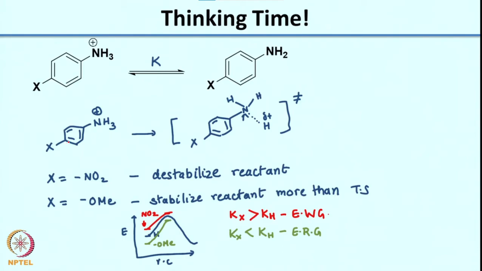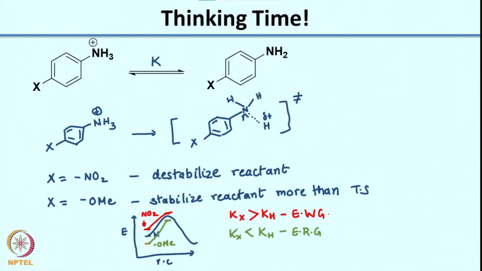So, because the nitro group is present, it increases the energy of the molecule by destabilizing it. So the energy with the nitro group will be higher, and because the electron releasing group is stabilizing the molecule, the energy will be low, correct?